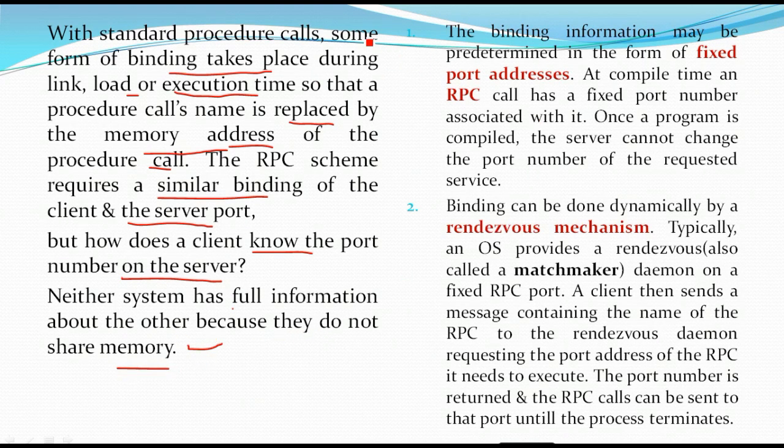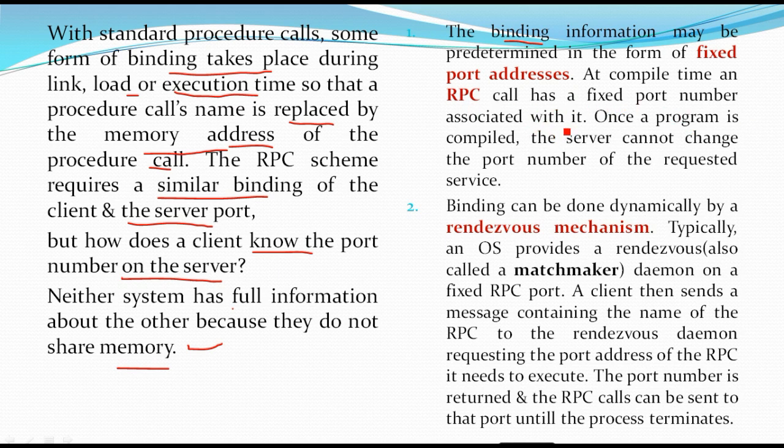The solution is that the binding information may be predetermined. When both computers are connecting with each other, the link is established between them in the client server architecture. The binding information may be predetermined in the form of fixed port addresses. At compile time, an RPC call has a fixed port number associated with it.